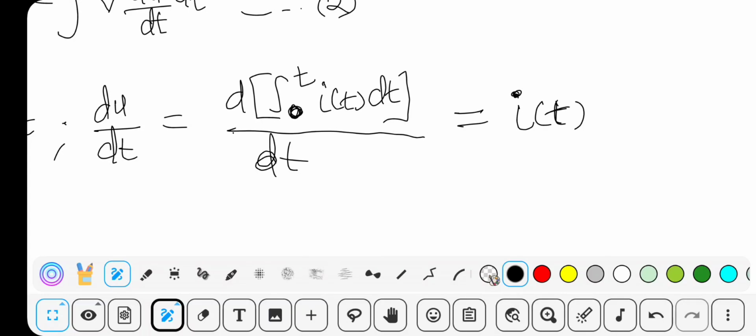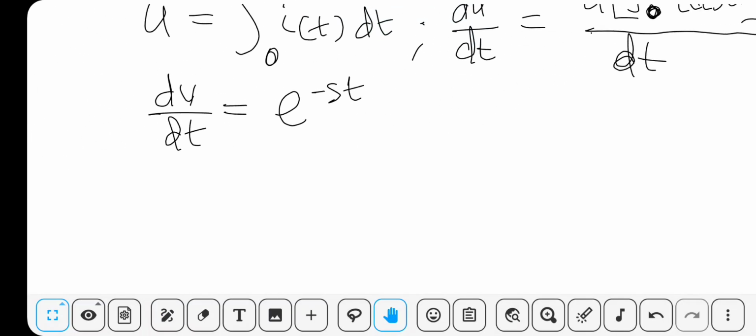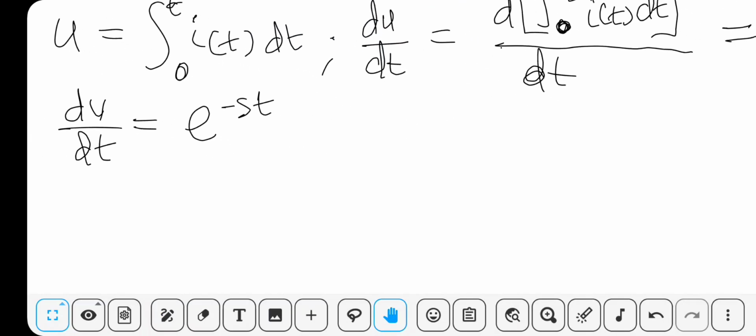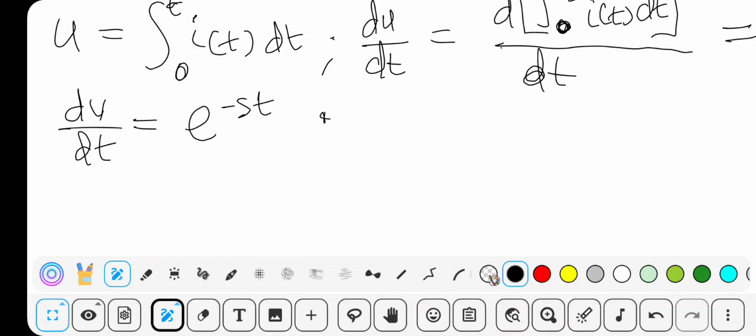And then for this one, integrating dv/dt, cross multiplying, this will be dv equal to e^(-st) dt.